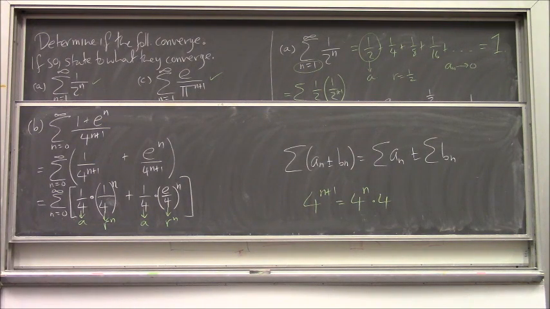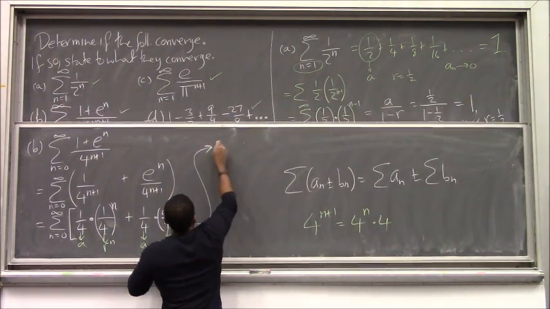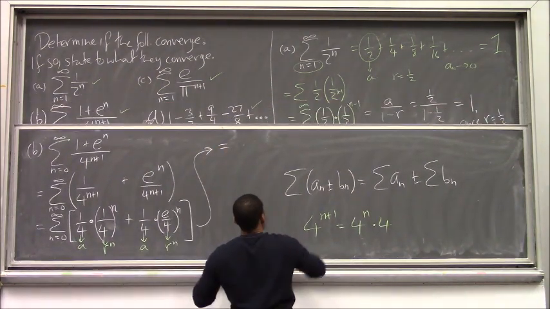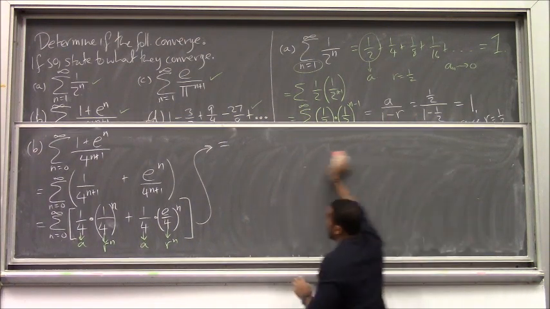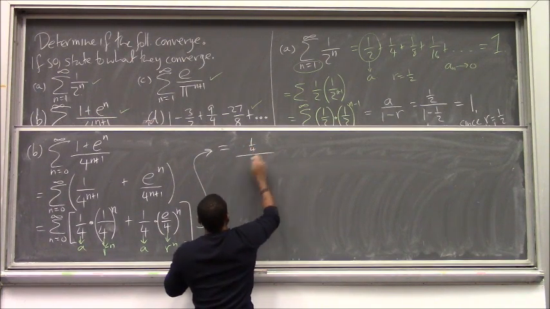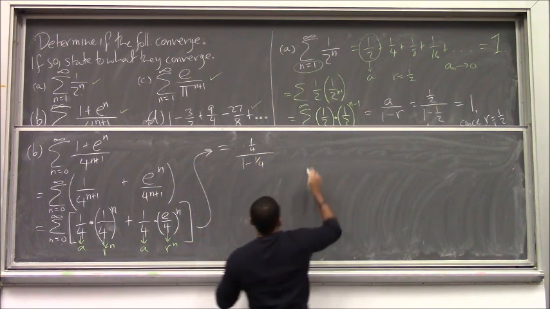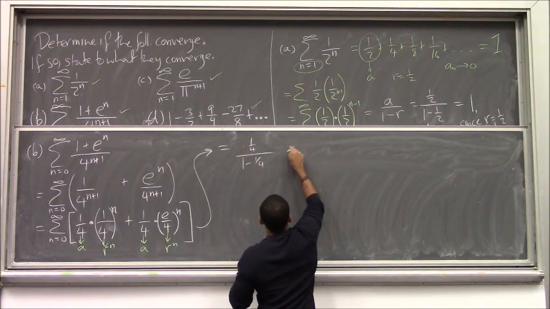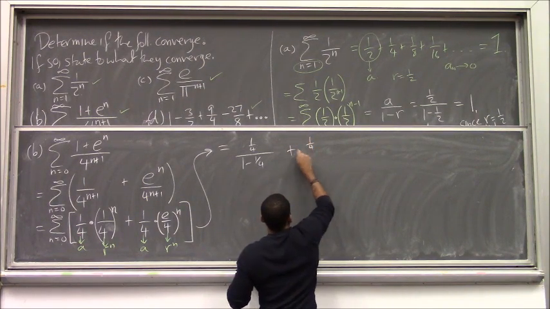So this is actually 2 geometric series in disguise. You break them into 2 parts, and so tell me about the first one. It would be a over 1 minus r, so it's a quarter over 1 minus a quarter, let's write it out. And this one is 1/4 over 1 minus e over 4.